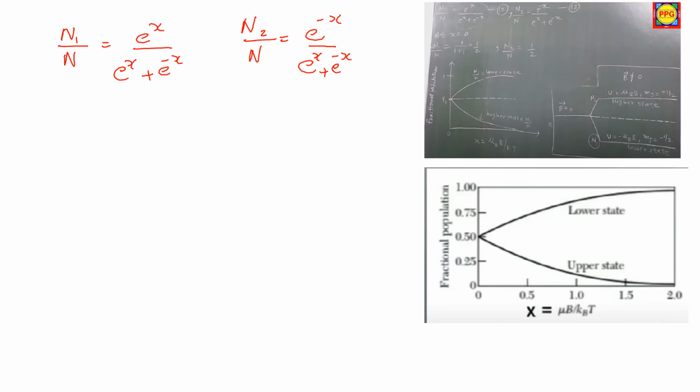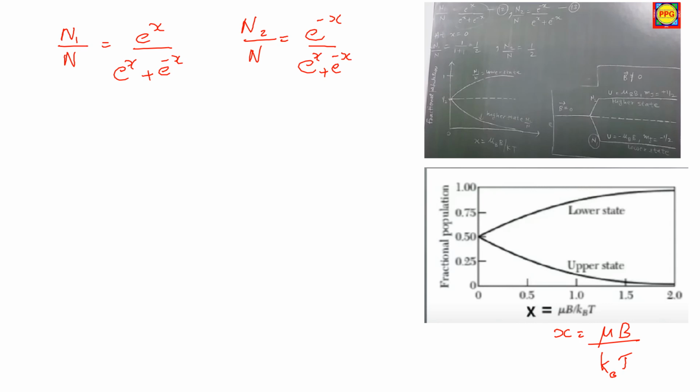So let us find the values of this fractional population, or we draw the plot between fractional population on the y-axis and the x value. What is x actually? X is mu B divided by kB T. So a graph between fractional population and x.